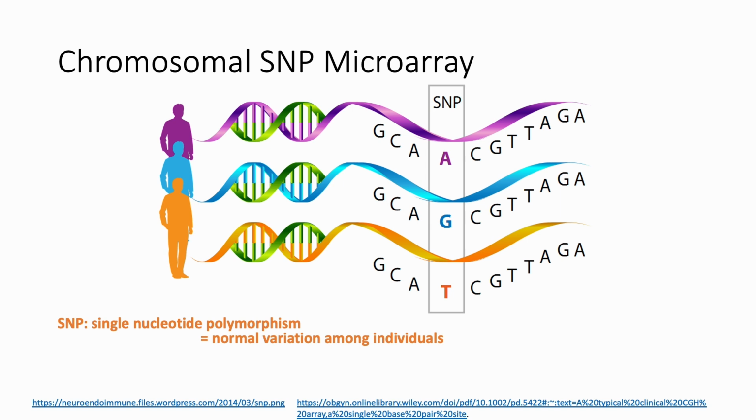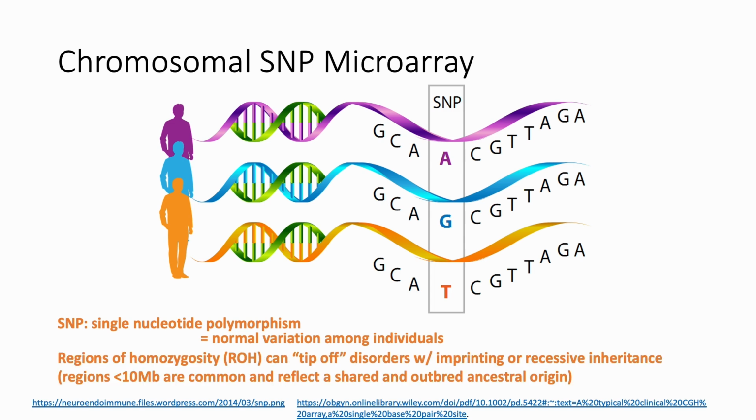These SNP probes target variations at a single base pair, which allows the test to pick up more subtle changes such as uniparental disomy or regions of homozygosity, something traditional microarrays can't detect. SNP arrays are especially useful for detecting consanguinity, imprinting disorders, and other conditions where identifying stretches of identical DNA from both parents is critical.